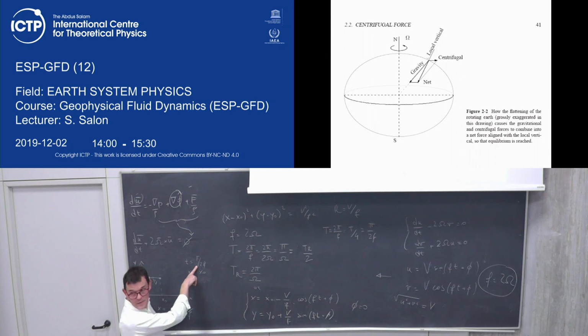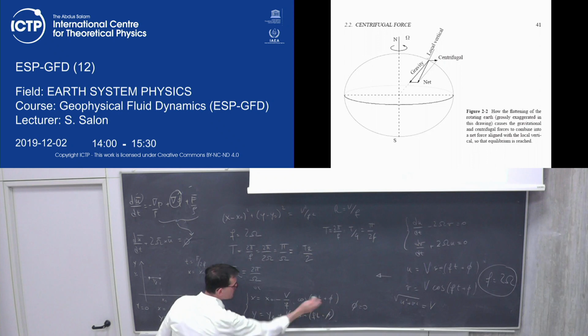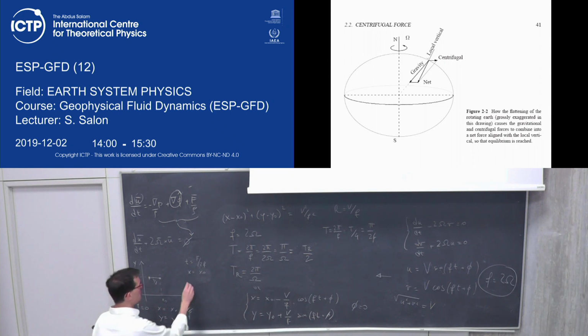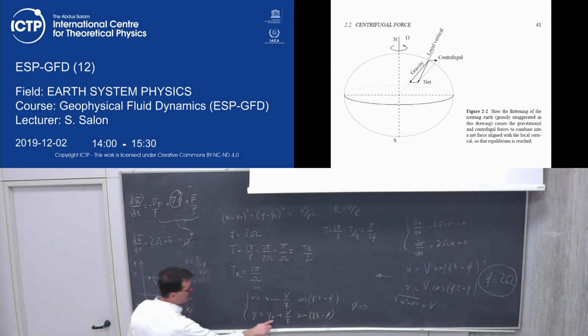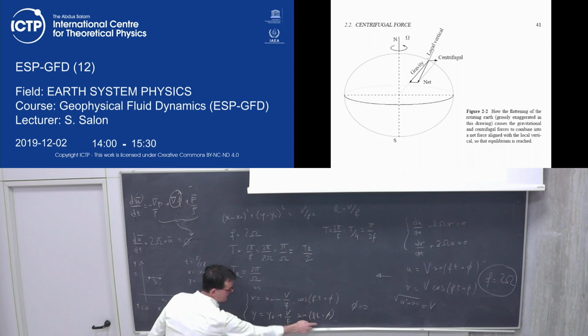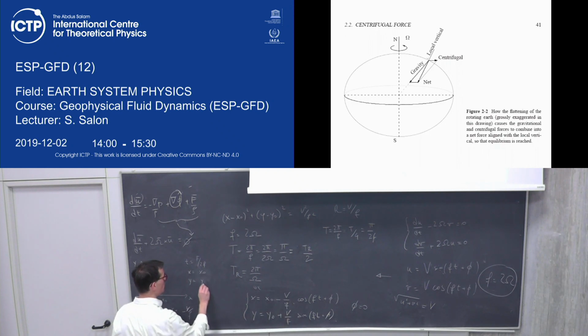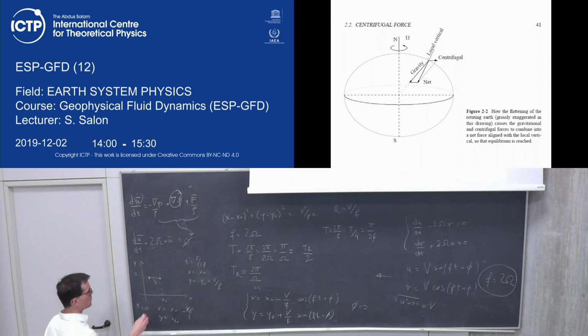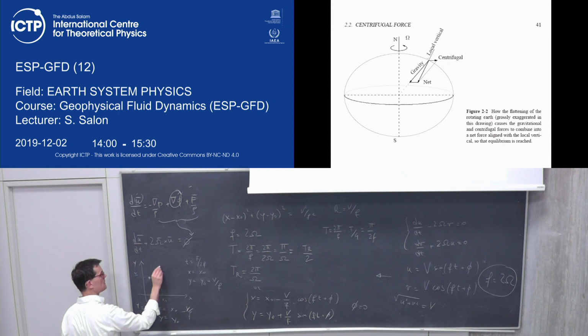So pi over 2 means 90 degrees. Cosine at 90 degrees is 0, so this term is 0. But y will be, since sine is 1, y0 plus V over f. So x0 and this is t equal to 0, this is, let's say, t equal T/4.